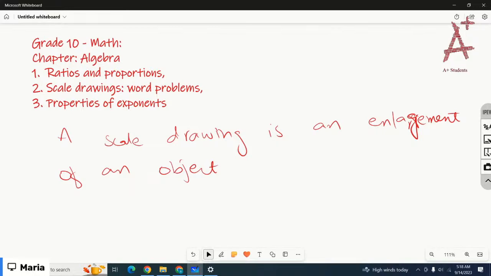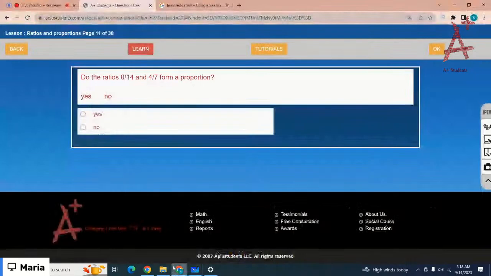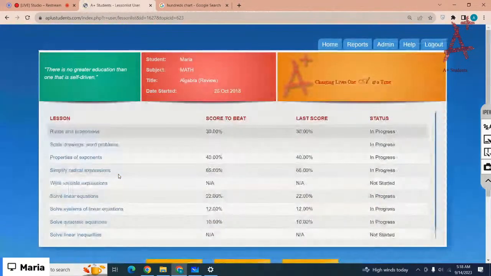Okay, so let's start with the example. So the example is, okay, let's just do example from A plus because I am unable to find the examples right now. So let's just do the examples from A plus.